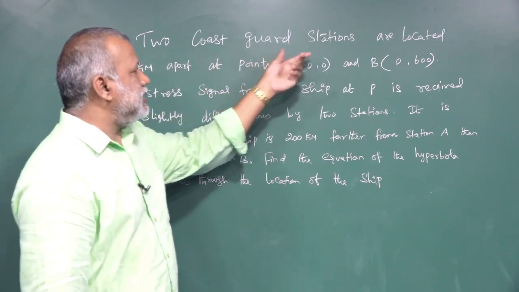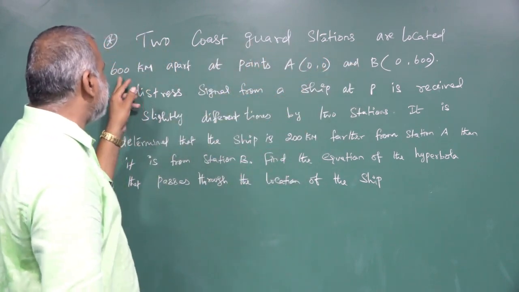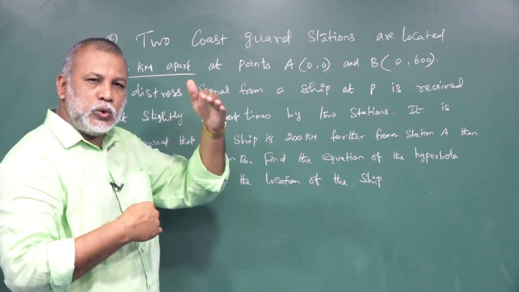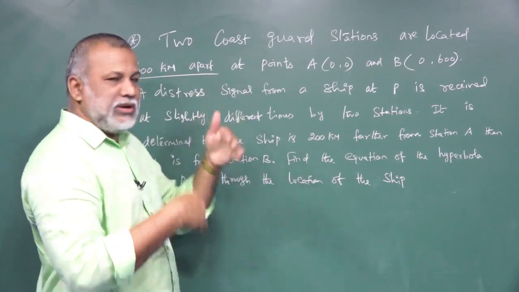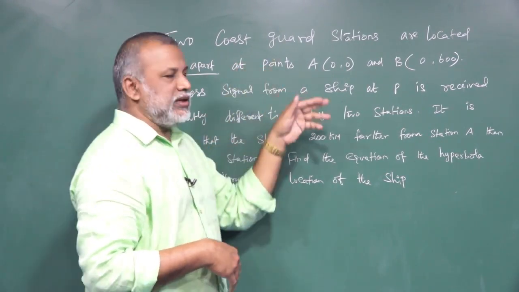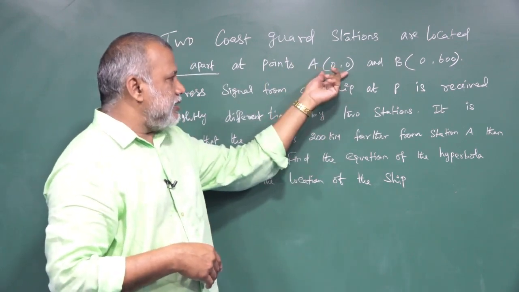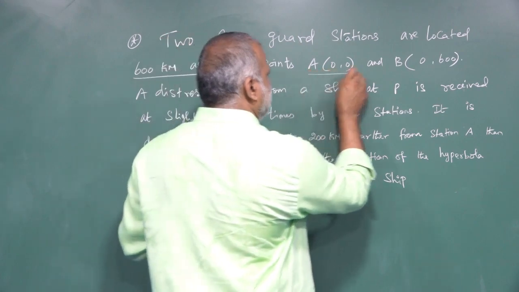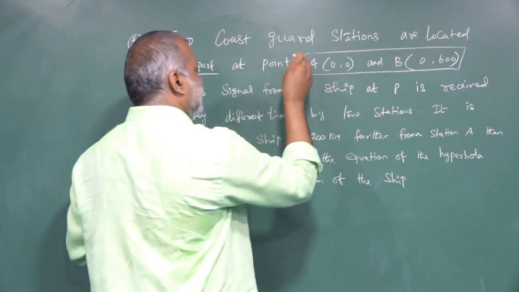Two coast guard stations are located 600 km apart. This is the first information. There are two stations, and the distance between the two stations is 600 km. They are located at the points A (0,0) and B (0,600). This is the second information.